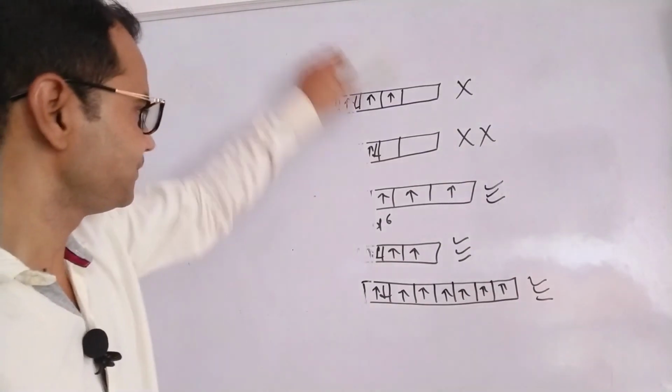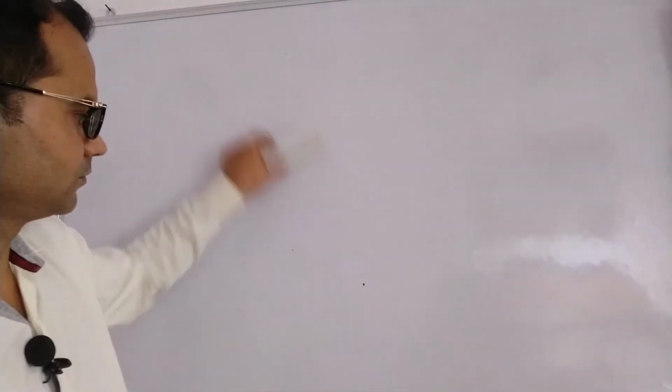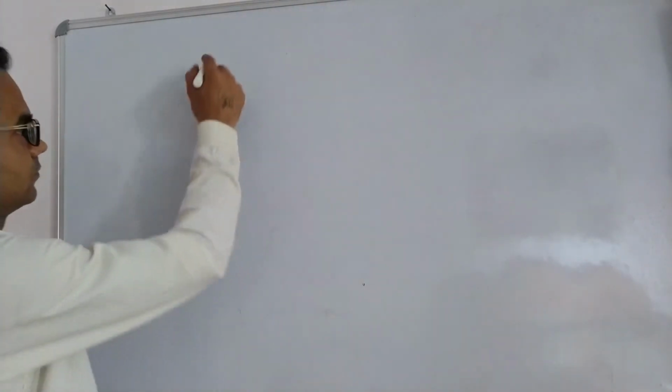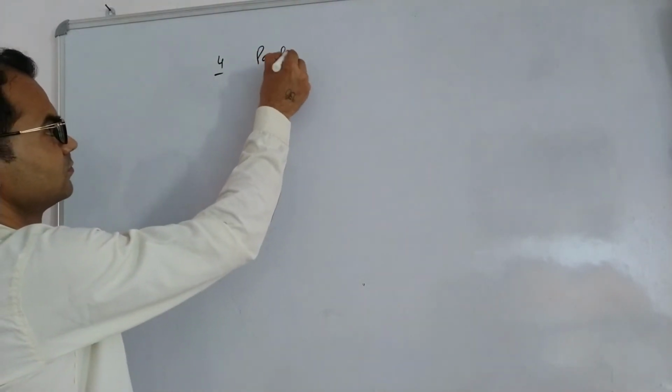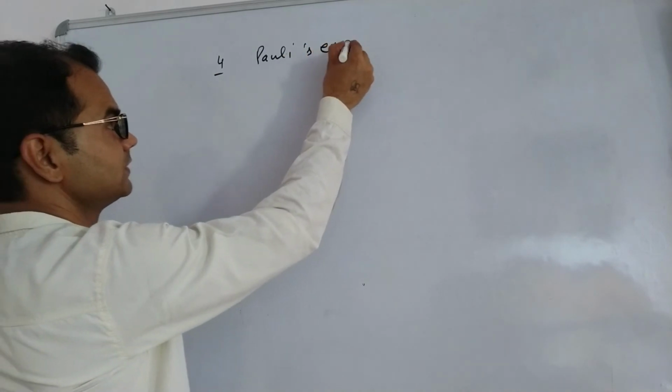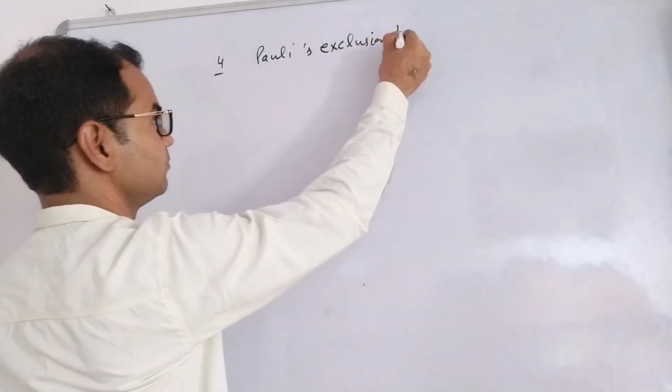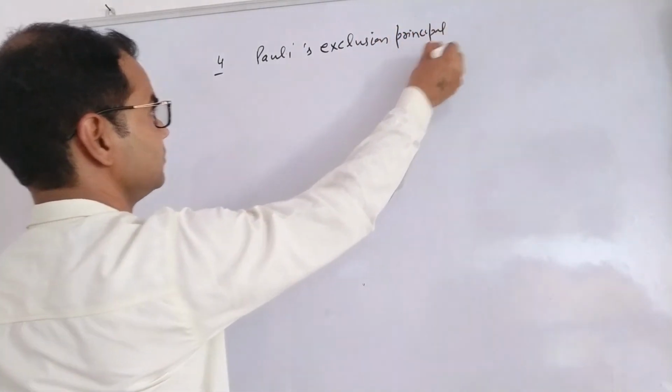Fourth rule is Pauli's exclusion principle.